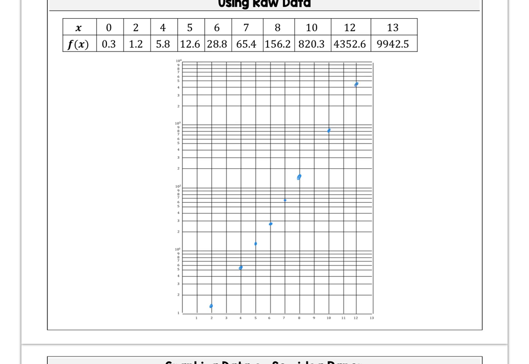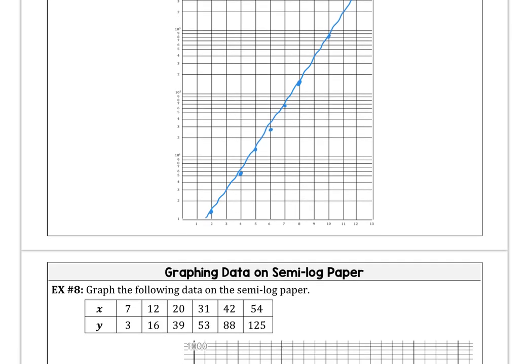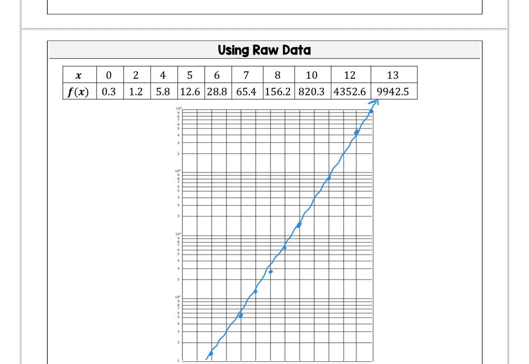And then 13 is 9,900. So what do we see there? Looks like we have a straight line. So the data is exponential because the graph appears linear on a semi-log plot.